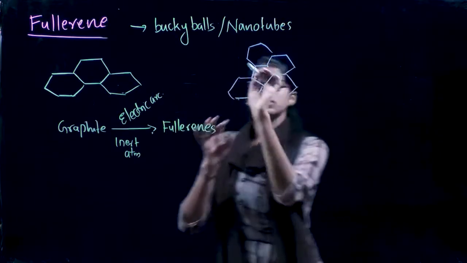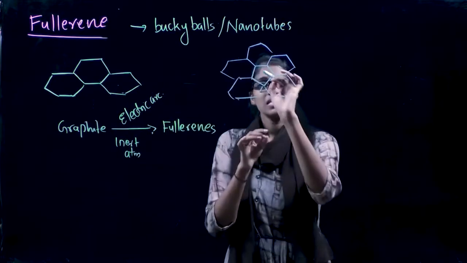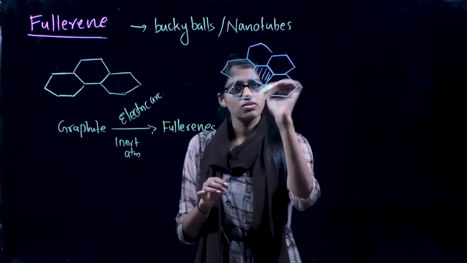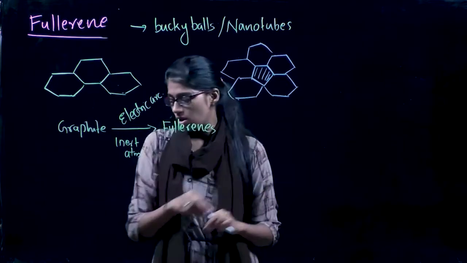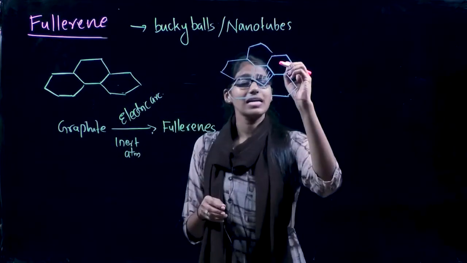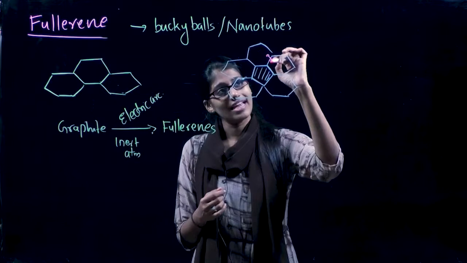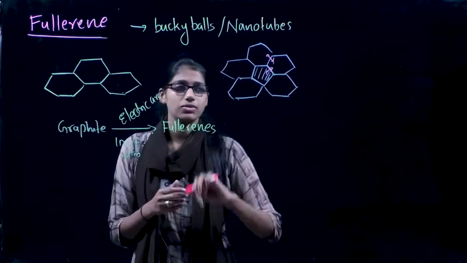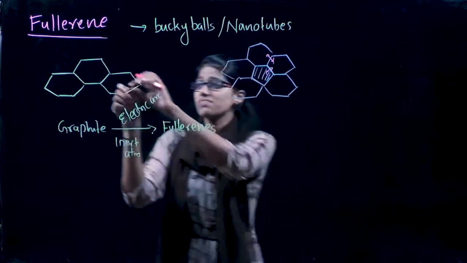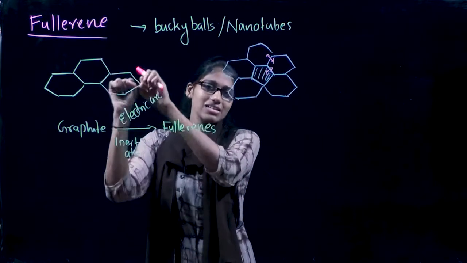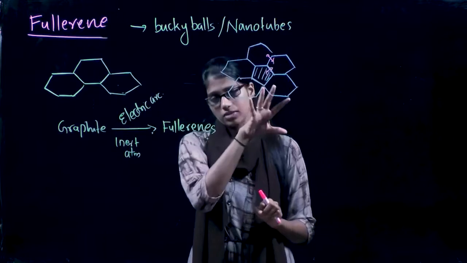Whenever you consider these structures, each pentagonal ring is surrounded by hexagonal rings, whereas a hexagonal ring can be surrounded by hexagonal rings as well as pentagonal rings. So the rearrangement can happen in such a way that bonds are broken, and again they are rearranging to give you the 5-membered rings.